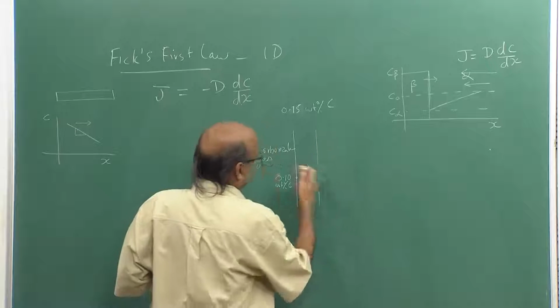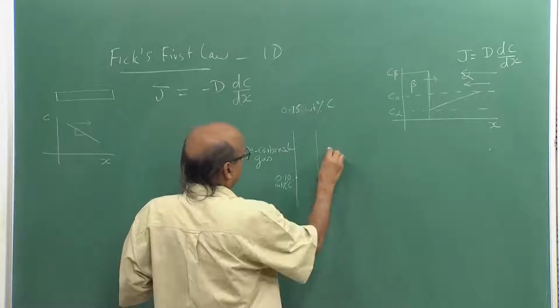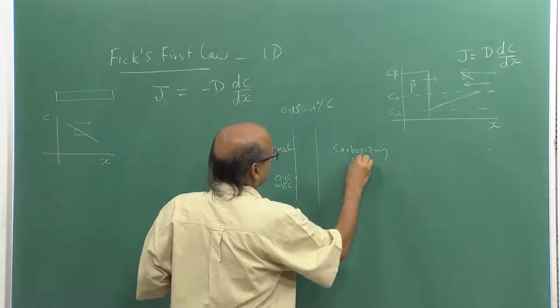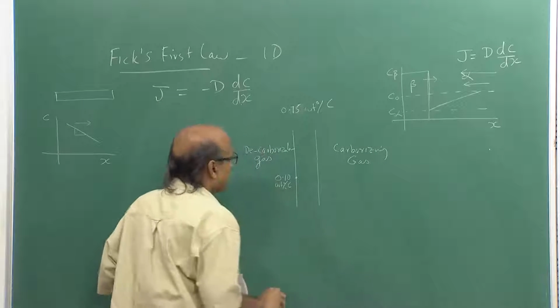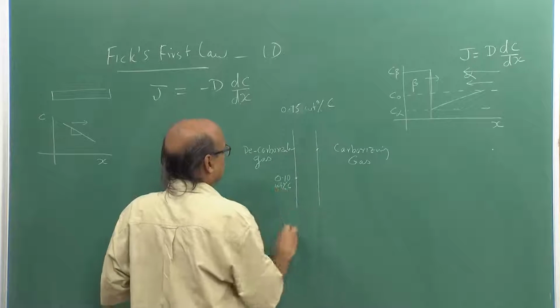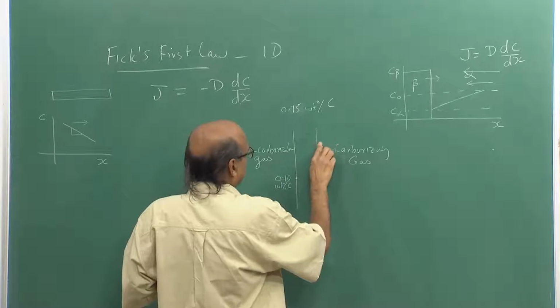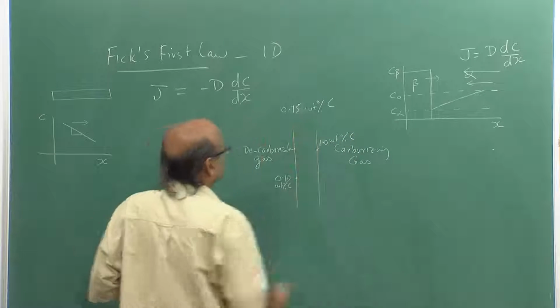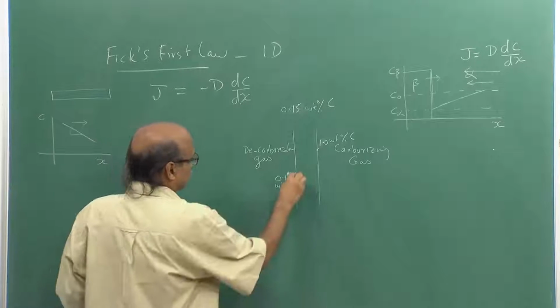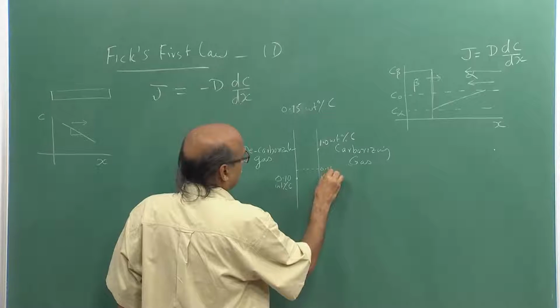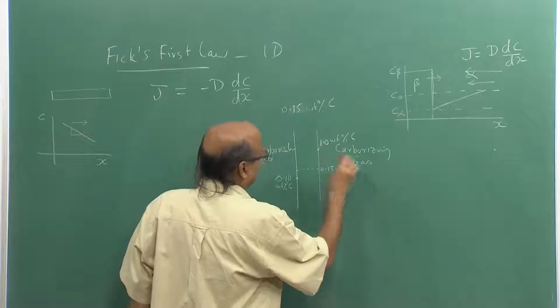On this side, on this surface of the sheet, we have a carburizing gas, such that the surface concentration is fixed at 1.0 weight percent carbon, and we had a sheet which we started out with 0.15 weight percent carbon.